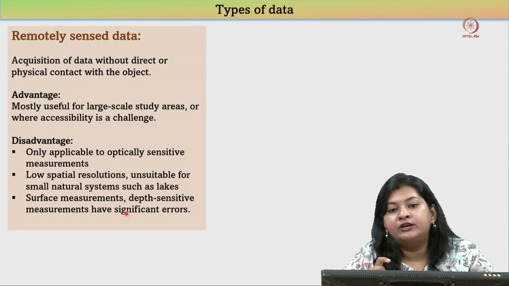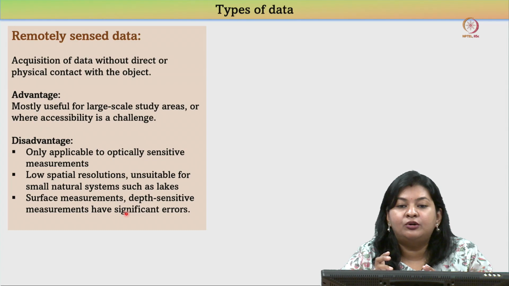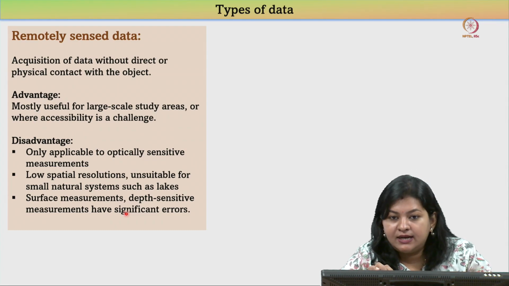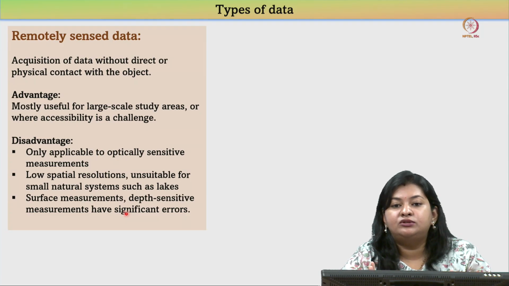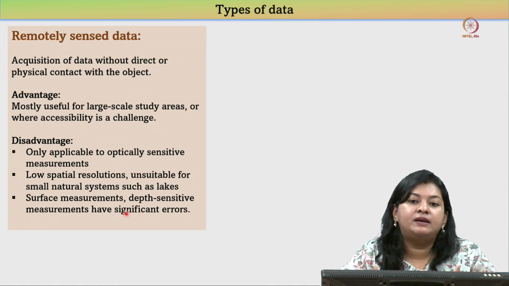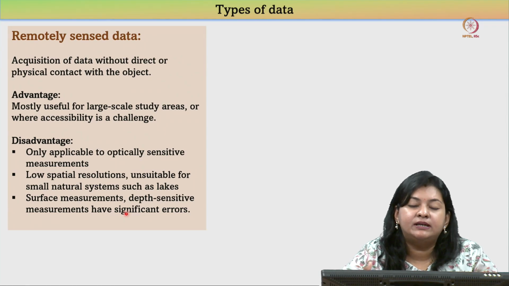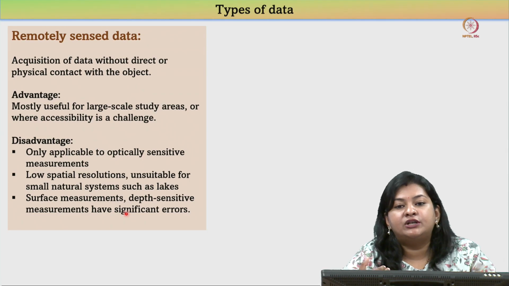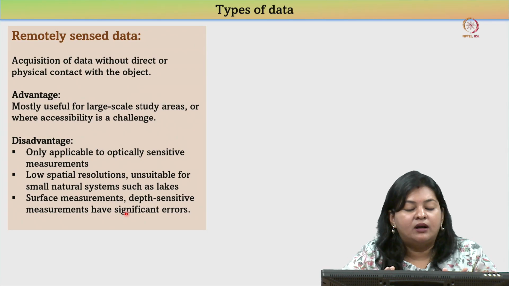The spatial resolution can vary from a few tens of kilometers to maybe 1 or 2 kilometers. That is the level of spatial resolution that you can receive. But if you want to go to a much finer resolution, you will not be able to do that. You will always be limited by the spatial resolution of that particular satellite mission.